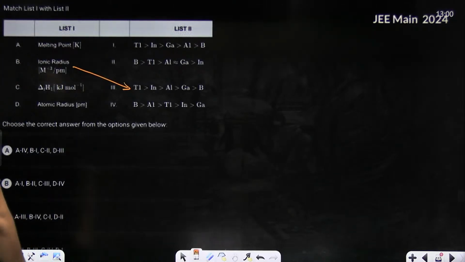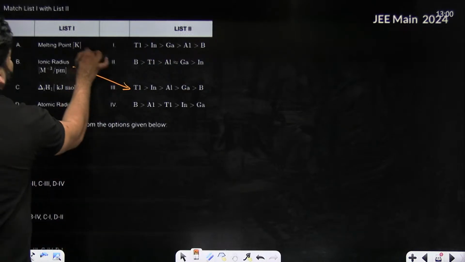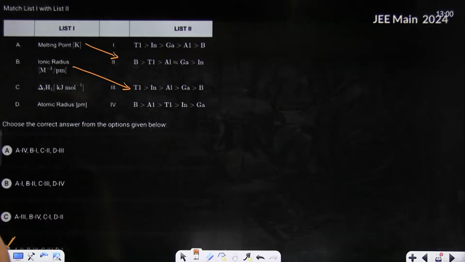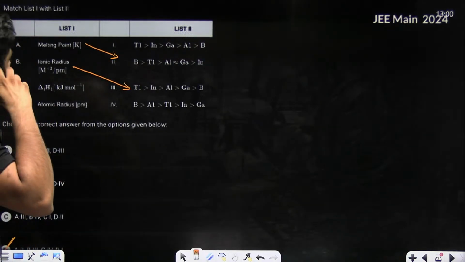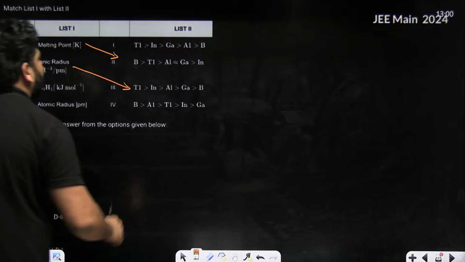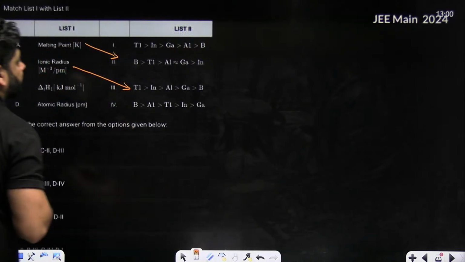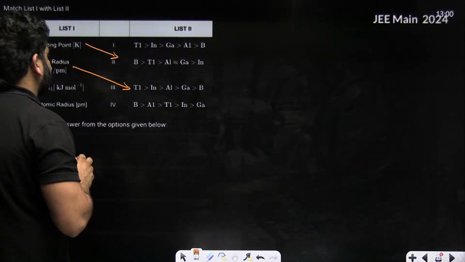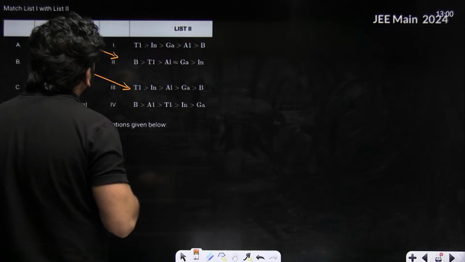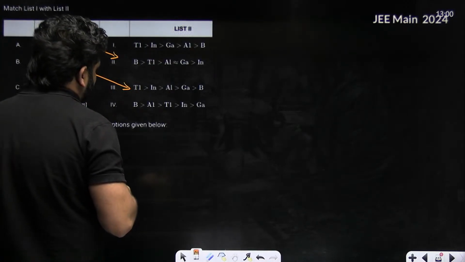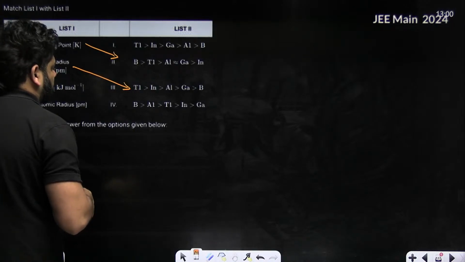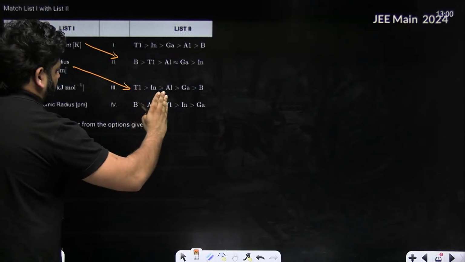So A, metallic radius, melting point. Melting point is highest for boron. And first ionization enthalpy, order of ionization enthalpy will be, boron is the highest, then comes thallium, if you remember that, no? Boron, aluminium, indium.